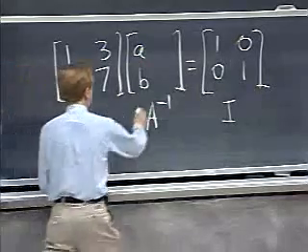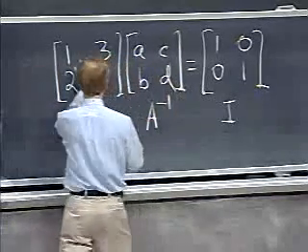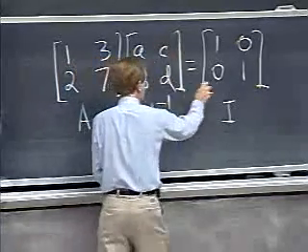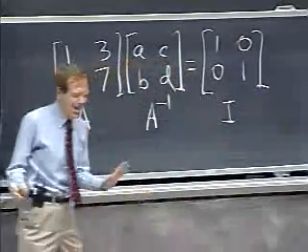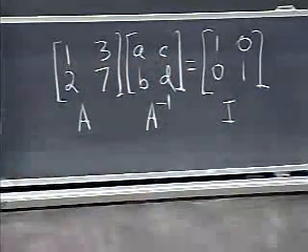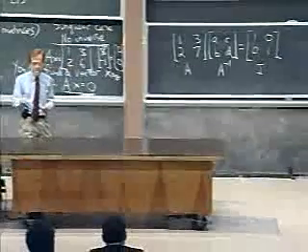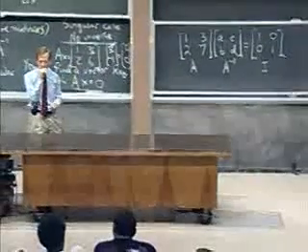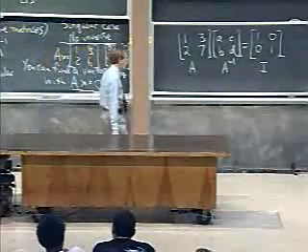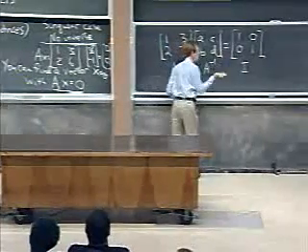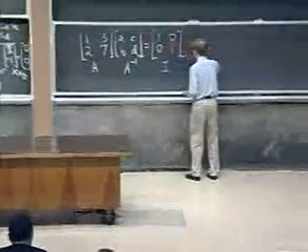And the second column, C, D, satisfies A times that second column is 0, 1. You see that finding the inverse is like solving 2 systems. One system when the right-hand side is 1, 0.